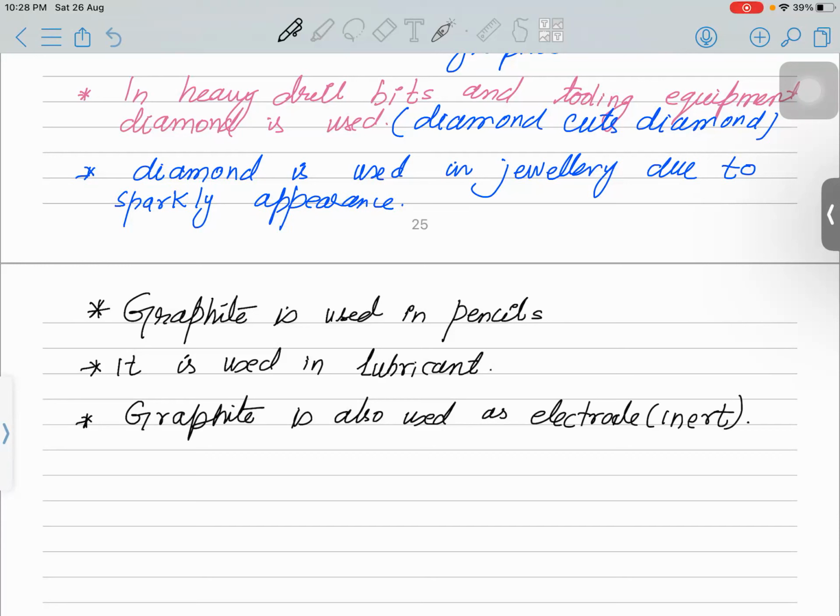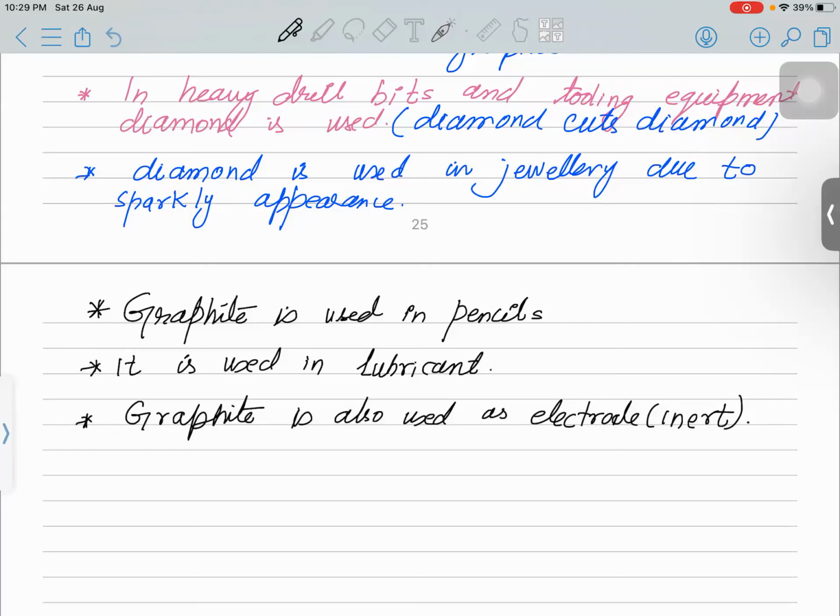An electrode is a metal rod dipped in electrolyte, used in electrolysis. We will discuss it later in the redox chapter. So these are the uses of graphite and diamond.